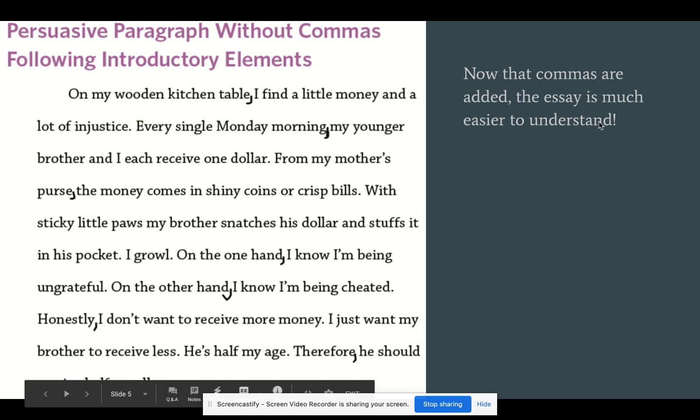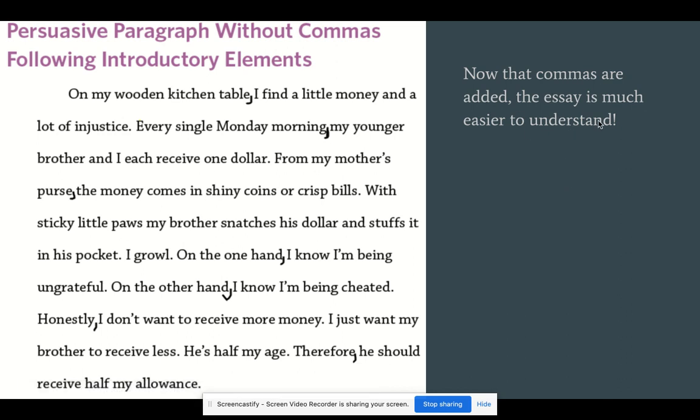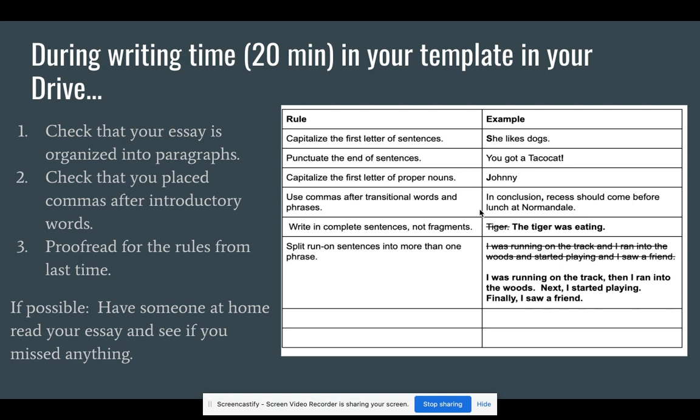Now that time, the essay sounds better when read aloud, and it was easier for me to read because the commas told me when I could take an extra breath. Today, you're going to do something similar in your essay. So you've got a couple of jobs during writing time today. First, check that your essay is organized into paragraphs.